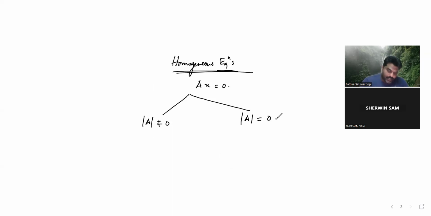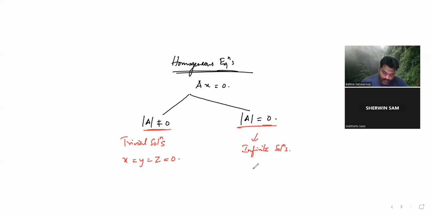If determinant of A is not equal to 0, sir, then you will have trivial solutions, that means X equals Y equals Z equals 0. If determinant of A is equal to 0, then you will have infinite solutions, trivial and non-trivial.